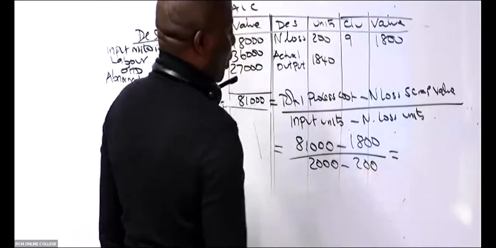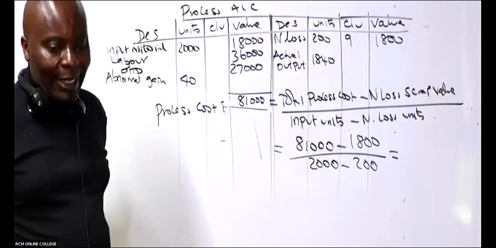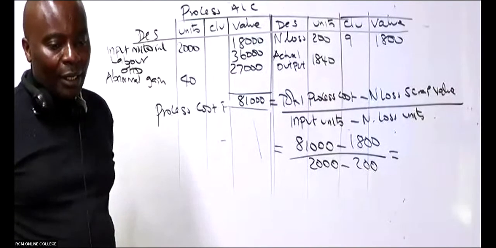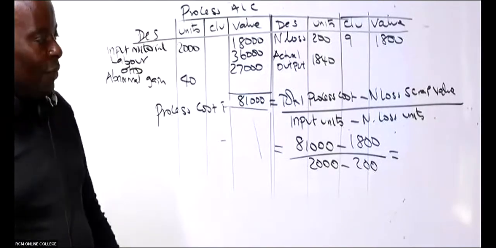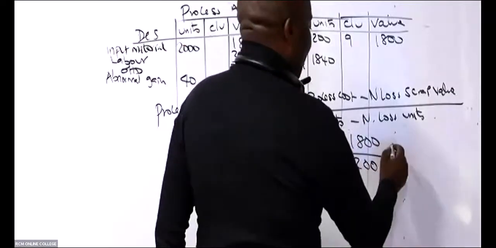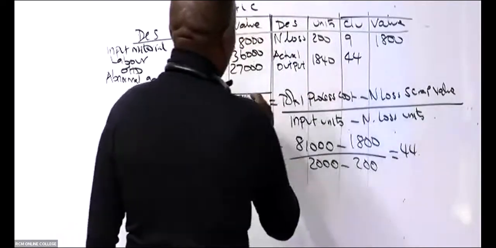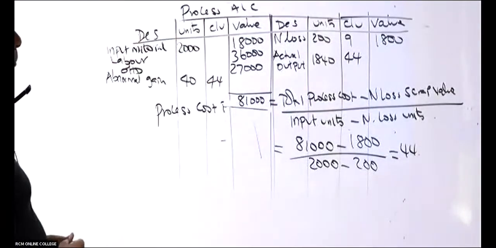So are you able to move slowly and give me the final answer here? 81,000 minus 1,800 divided by 2,000 minus 200. I'm being given a figure of 44. So this 44 is what you put there and here, and like that.